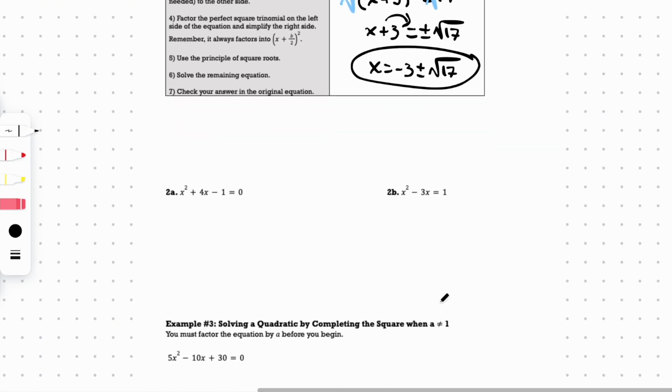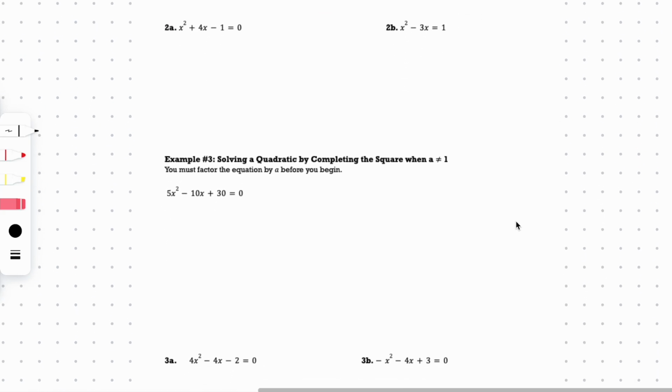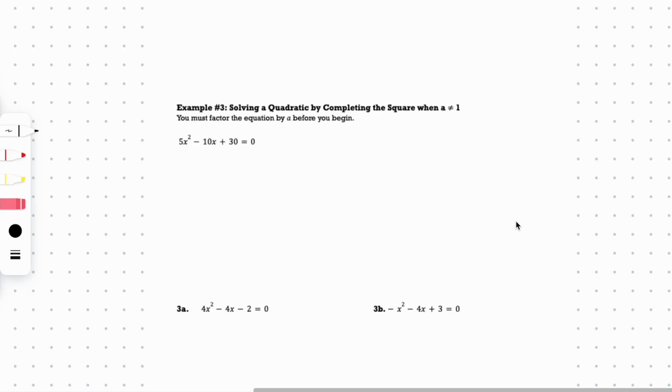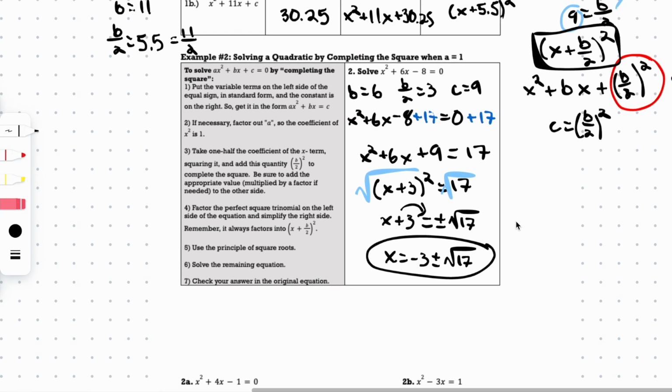Okay, so I showed you how to solve. Now I want you to try on your own 2a and 2b. I did not explain this yet, but in this case, our a value is 1.